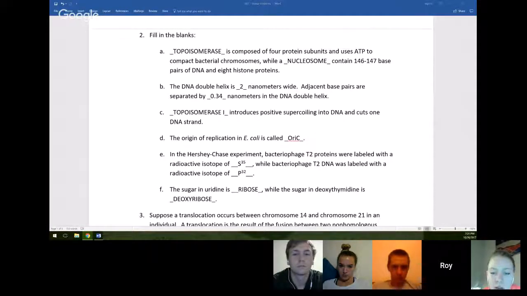The double helix is 2 nanometers wide, and adjacent base pairs are separated by 0.34 nanometers. Topoisomerase 1 is the one that introduces positive supercoiling and cuts a DNA strand. Origin of replication in E. coli is ORI.